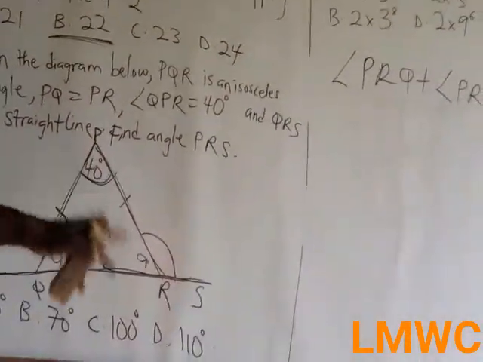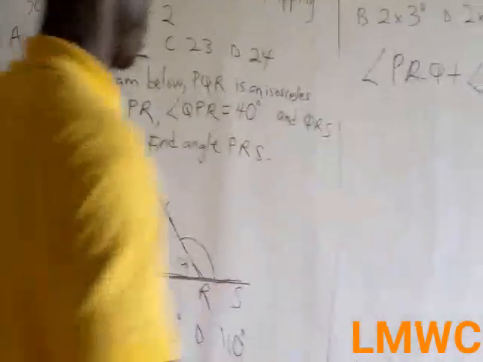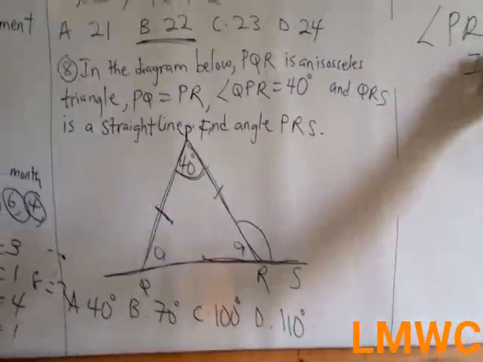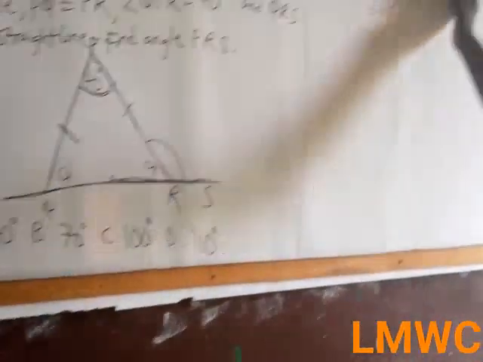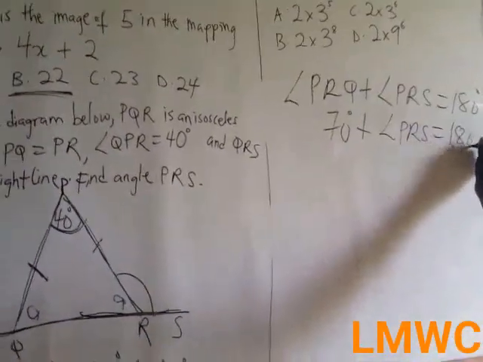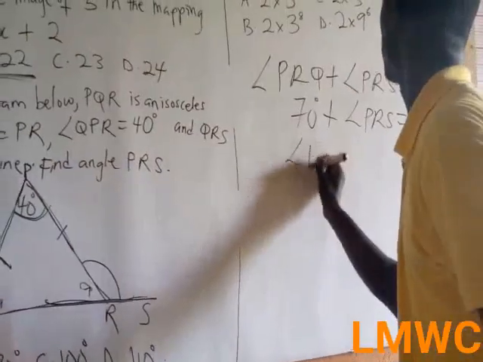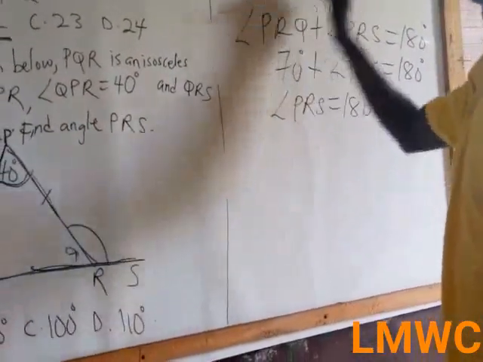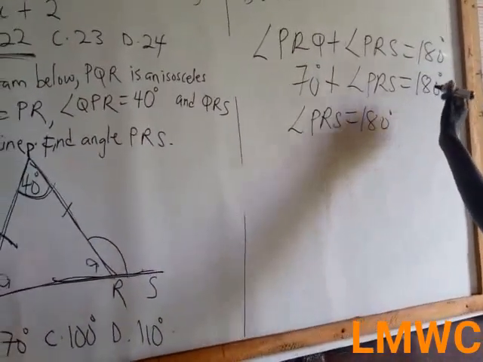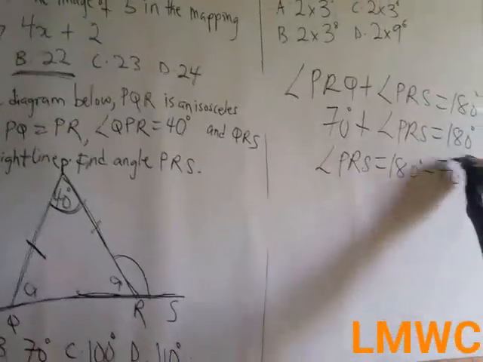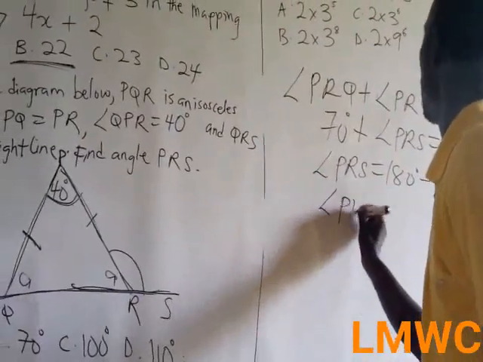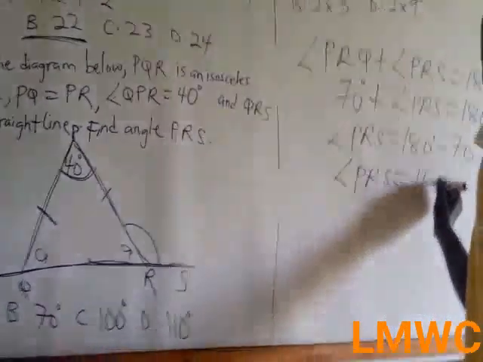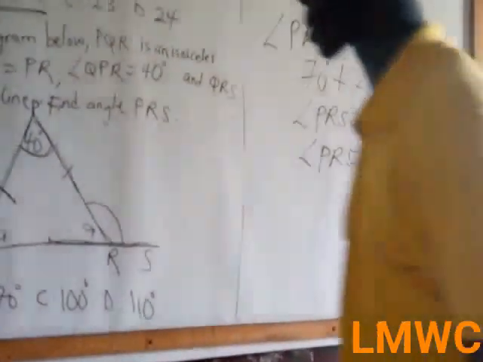Now what is PRQ? We know PRQ to be 70 degrees plus, but we don't know PRS. Angle PRS equal to 180 degrees. So angle PRS is equal to 180, you move this one to the right hand side, minus 70 degrees. So angle PRS, we have 110 degrees. Our answer is D.